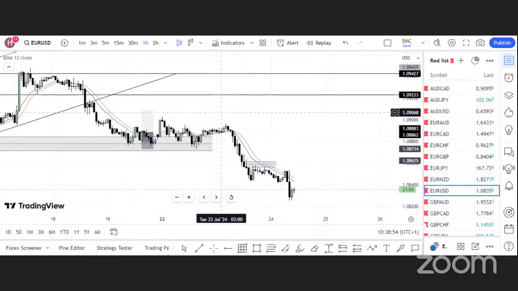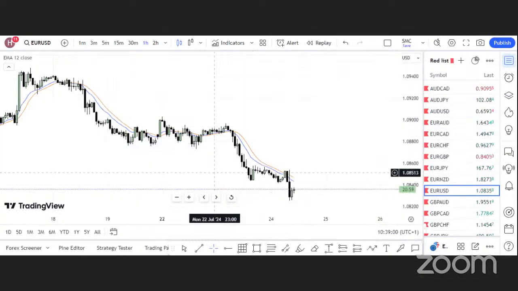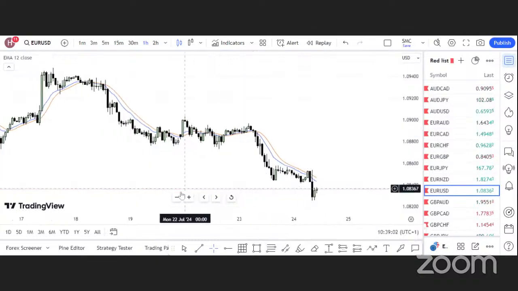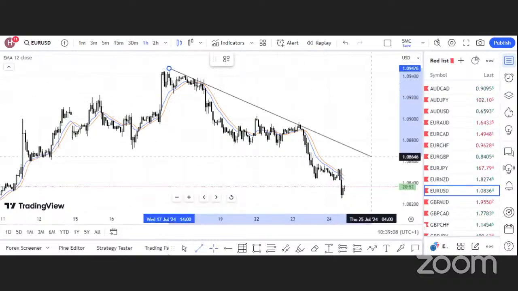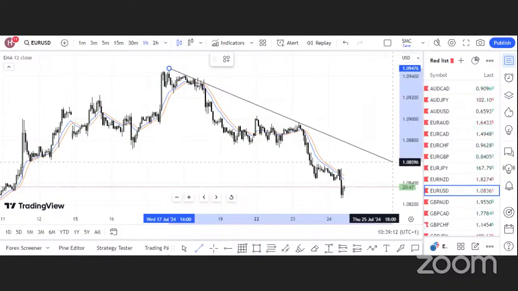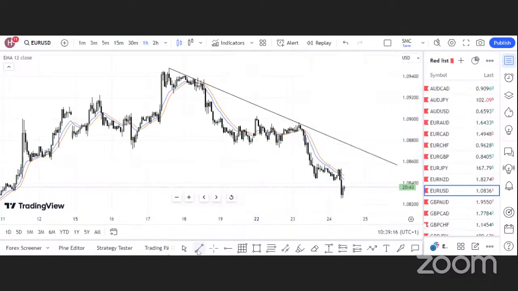We are on Euro USD, 1 hour time frame. Okay, so we have a trend line.